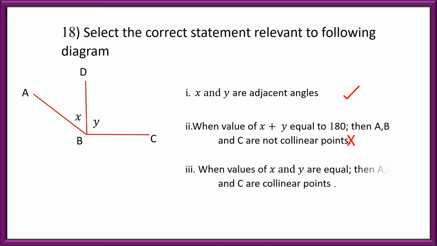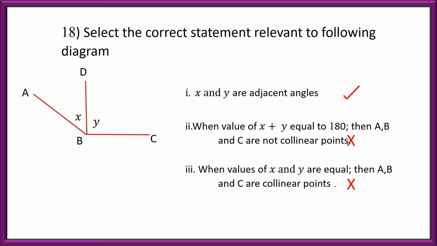Now let's move to the third statement. When the values of x and y are equal, then A, B, C are collinear points. That is not true all the time, because when x and y are equal, as an example, let's take x equals 60 degrees, then y is also 60 degrees. Then the sum should be 120 degrees.